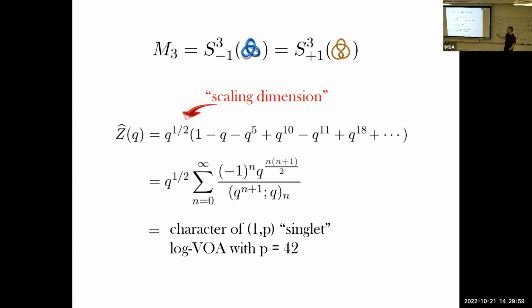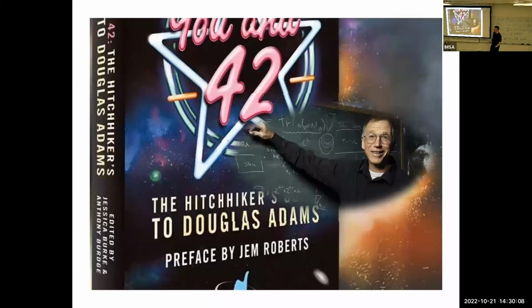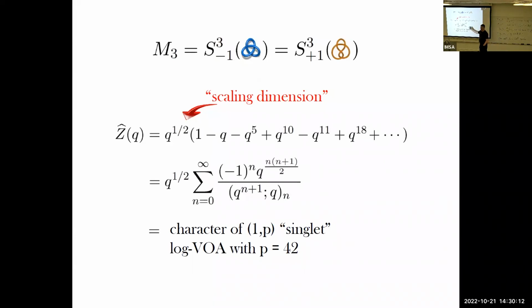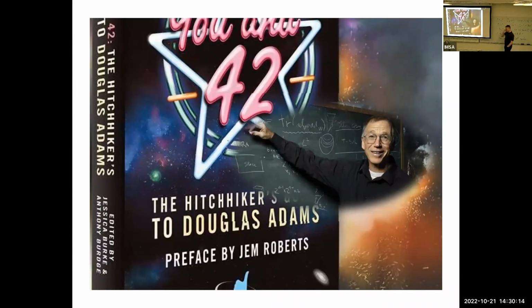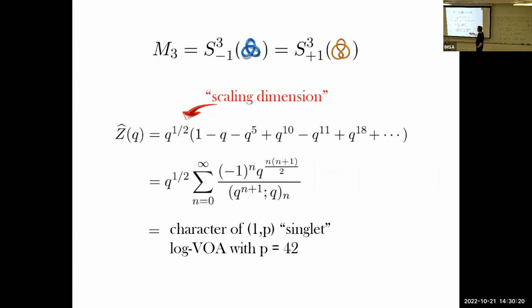So this slide is from, I don't know, three or so years ago, when this was just noticed, and there were few isolated observations like this, and Mike Freedman was in the audience when he saw the number 42 here. He jumped and said, "Oh my gosh, this is the 42, which is supposed to be the meaning of life from the Hitchhiker's Guide to the Galaxy." So actually here 42 has nothing to do with deep meaning.